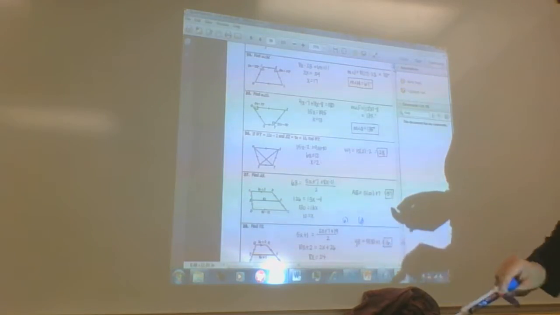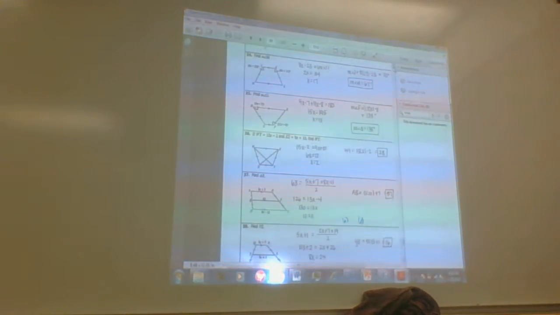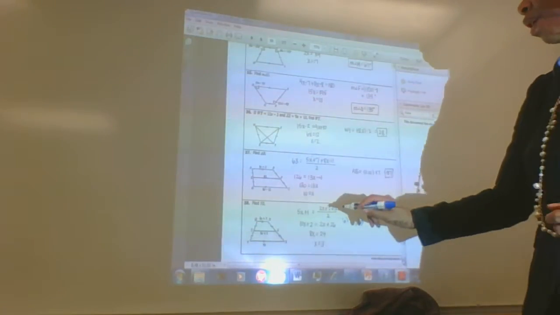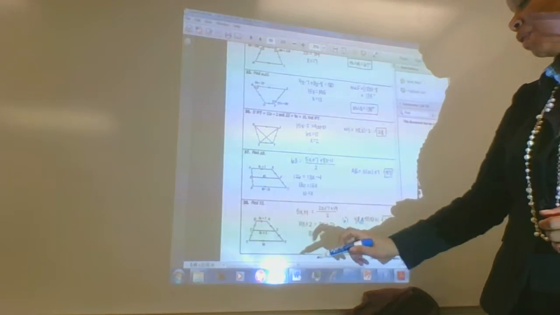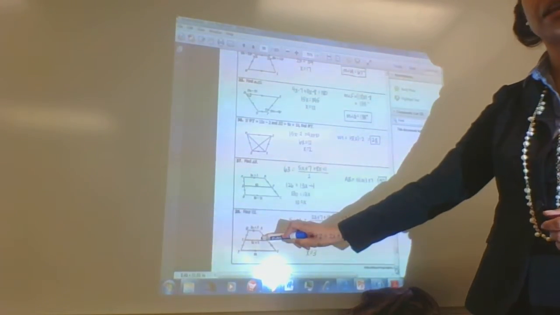What about 38? What do we know about the mid segment? So you're going to take this plus this divided by 2 is going to equal that, correct?